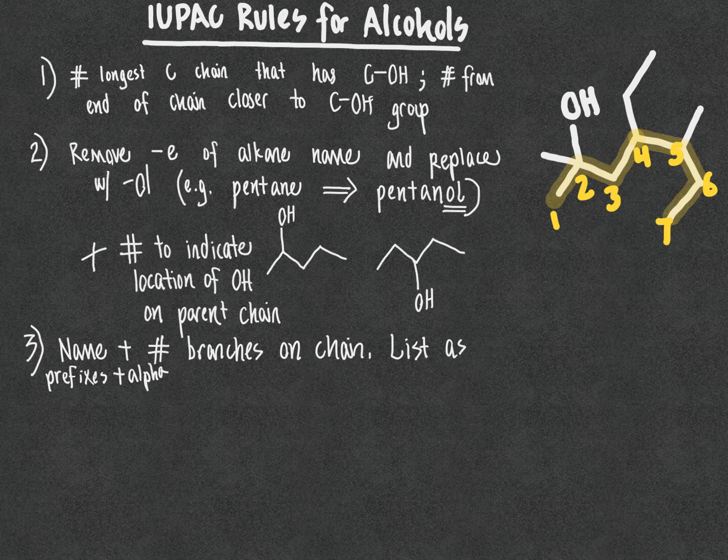So the parent name would be heptane if it did not have the alcohol group, but due to the fact that we need the name to also designate that there's this alcohol group present, we would refer to the structure instead as 2-heptanol. And number 2 there because it's carbon number 2 of the chain where the alcohol group branches off of the parent chain.